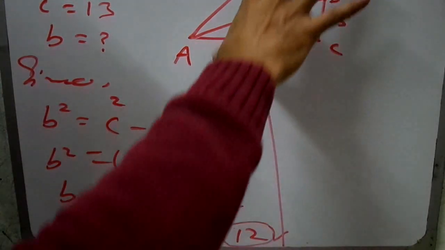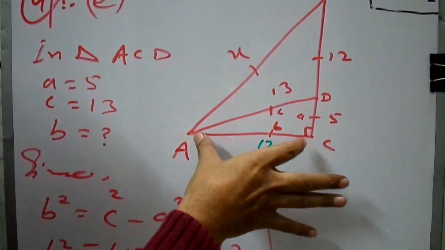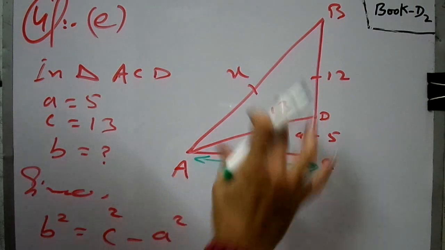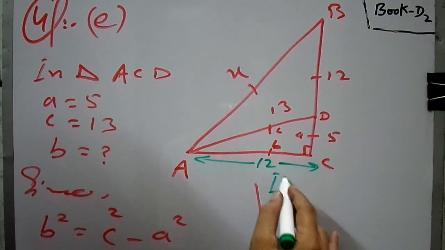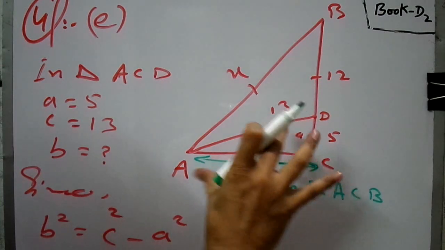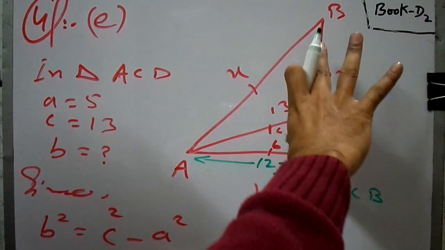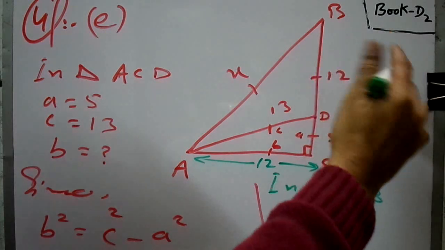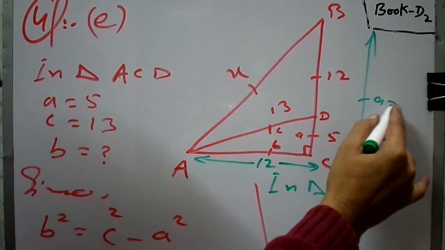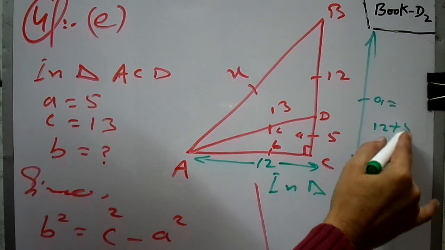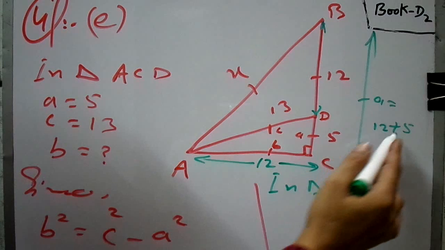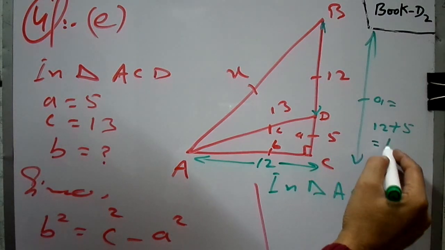So with the help of this side, now the full base is calculated. So when you take the bigger triangle, that is triangle ACB, the altitude A is equal to 12 plus 5, because the whole length is 12 and that portion is 5, it will give you 17.